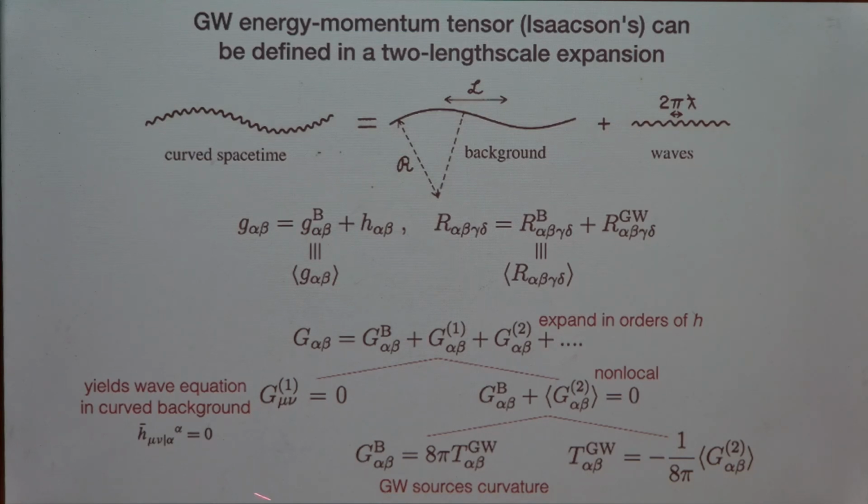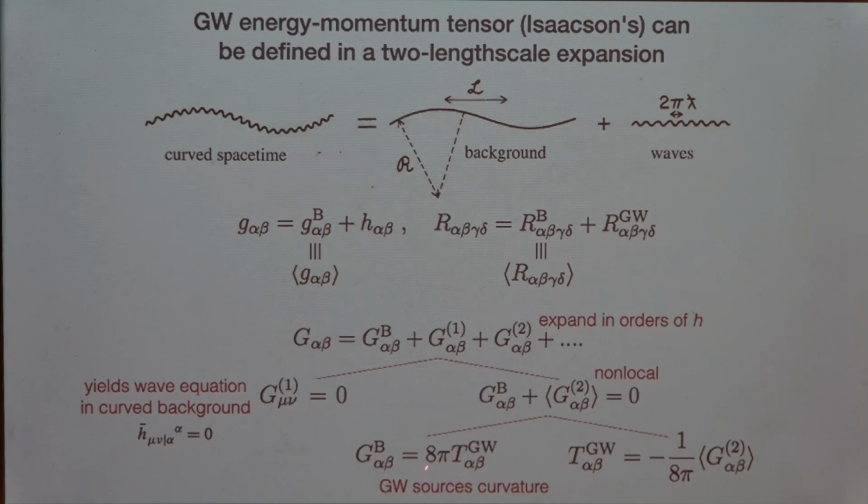All that quite clean. Then the other two pieces, background plus the average of the second order, have to be 0 together. This averaging is non-local. And if you just take this second order term in Einstein and put it on the other side of the equation, you see that it behaves effectively as a source for curvature, for the background curvature.